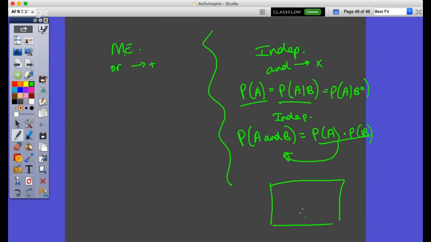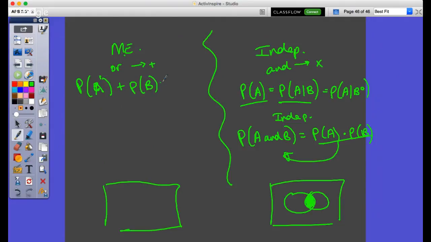Remember, what is intersection? It's where both occur in my Venn diagram right here. But if it's mutually exclusive, by the way, the intersection, that's not independence. If this right in the middle is equal to P of A times P of B, then that's independence. But mutually exclusive means that when I do P of A plus P of B, that equals P of A or B. And what does that mean?